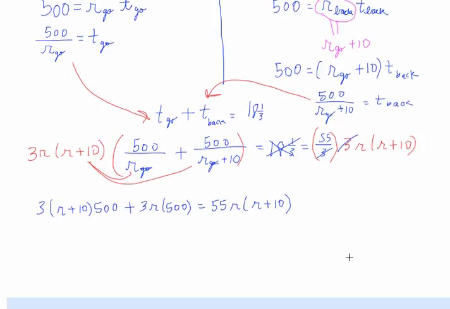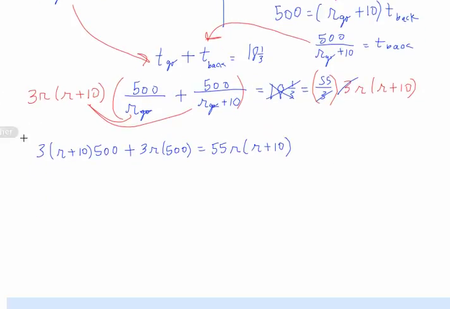And we need to keep going to see what kind of equation this is. 3 times 500 will be 1500 times r plus 10. Plus 1500r is equal to 55r times r plus 10. Need to keep going, keep distributing and simplifying, so this would be 1500r.